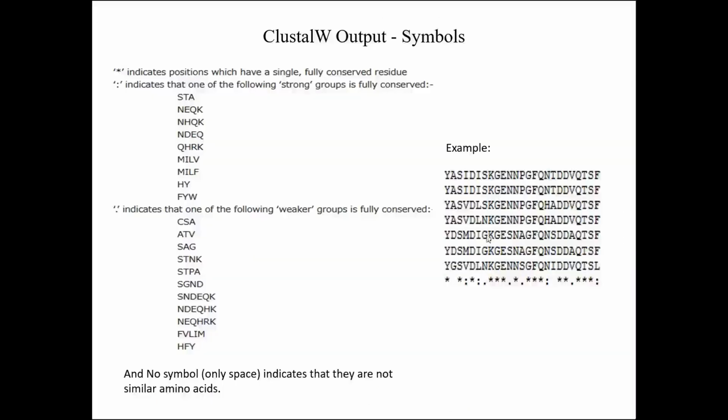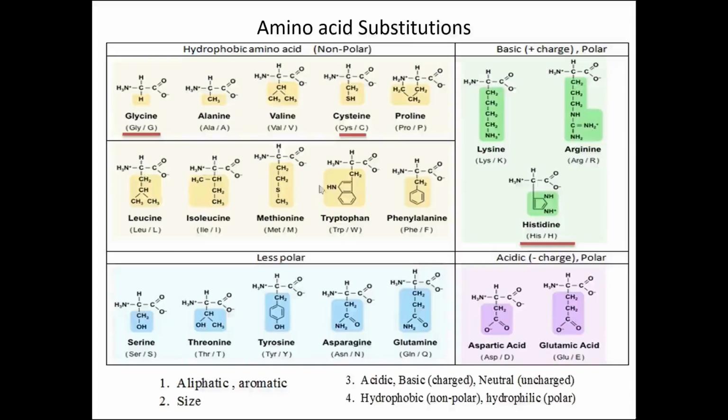Next thing is G, N and S. So here if you see, though G is hydrophobic in nature and these two are hydrophilic in nature, all these three are neutral amino acids and they are aliphatic amino acids. These are the properties which are common in them. So they are marked as single dot.